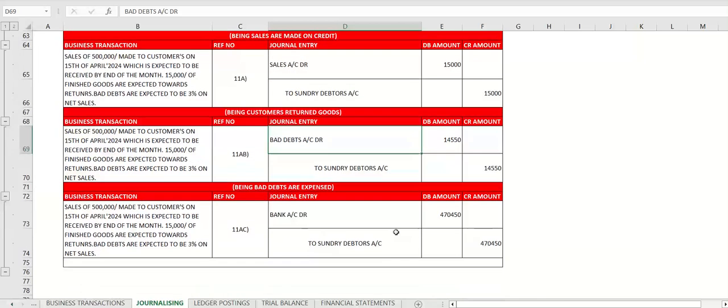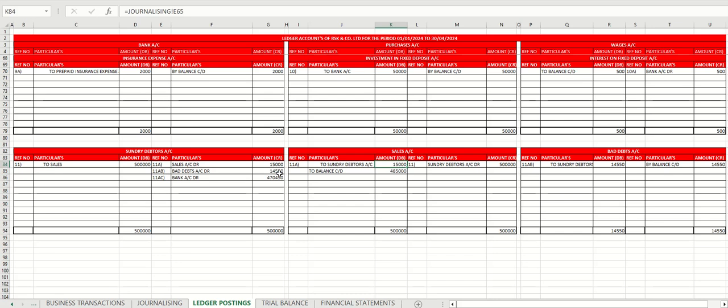And what is the third entry? Bad debts, right? We need to show the bad debts, and we need to adjust our sundry debtors. See, 14,550 we are adjusting to the extent of the bad debts in sundry debtors, and in the bad debts we are showing it as an expense, to sundry debtors 14,550, and whatever the balance is there, we have been carry forwarding in that account, right?